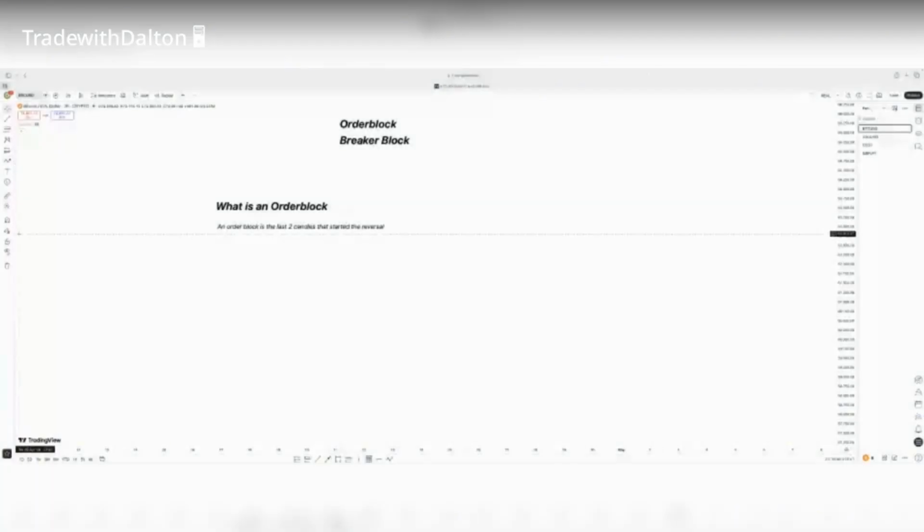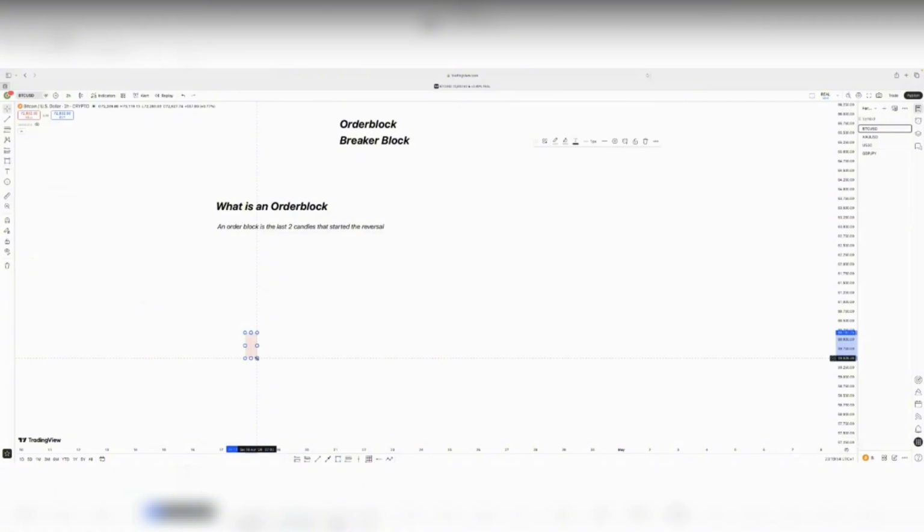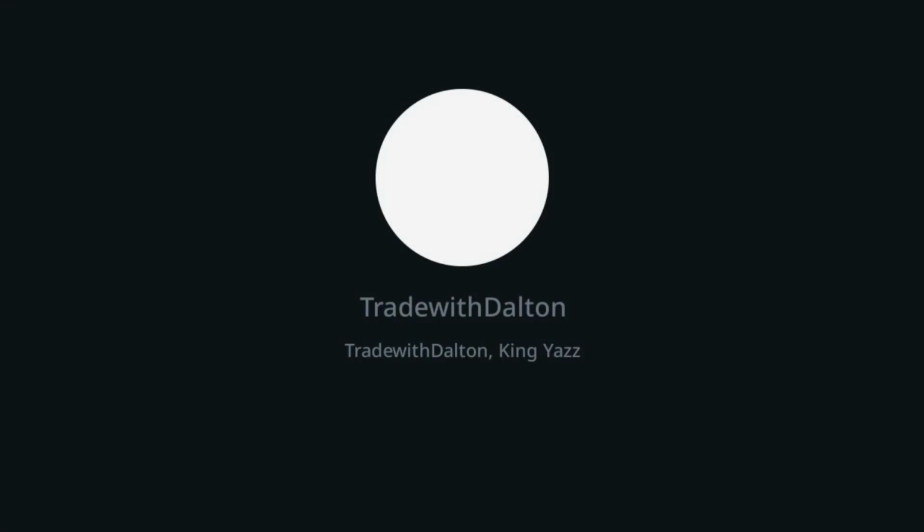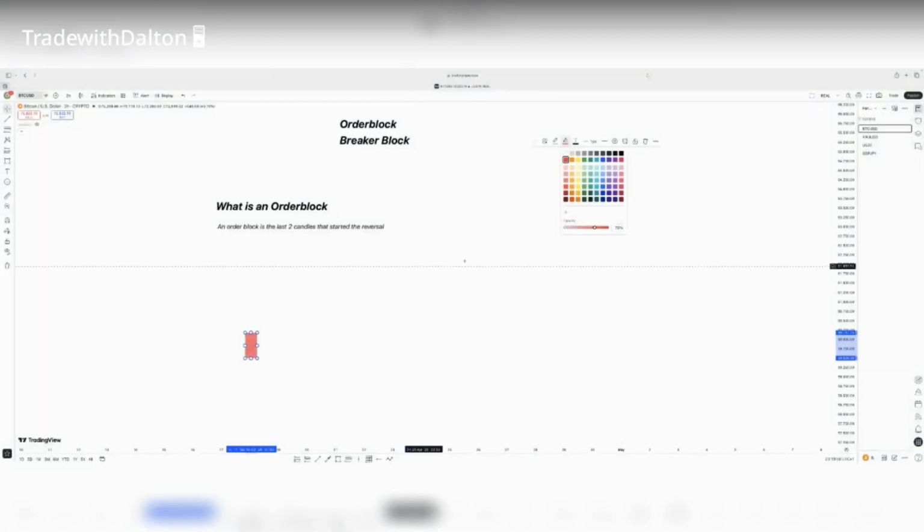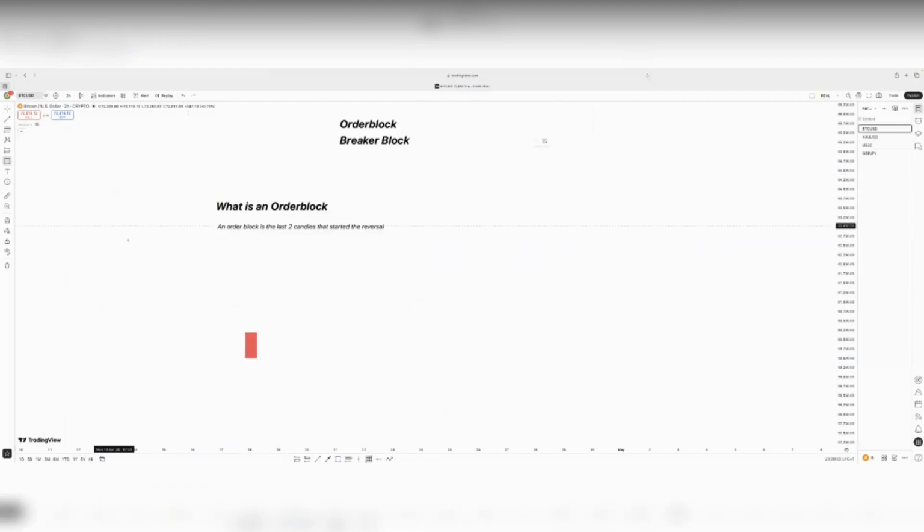Let's use candlesticks to illustrate. Let's say price was bullish, and this reversal caused a new high.